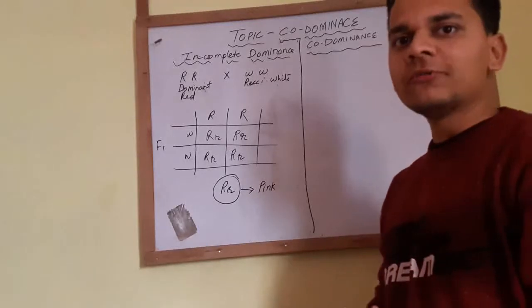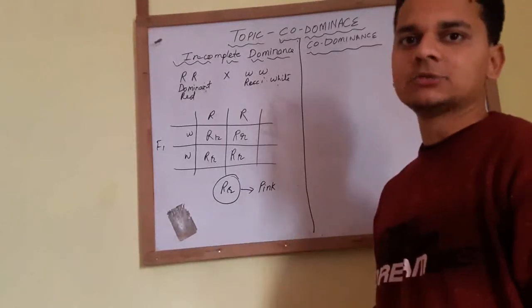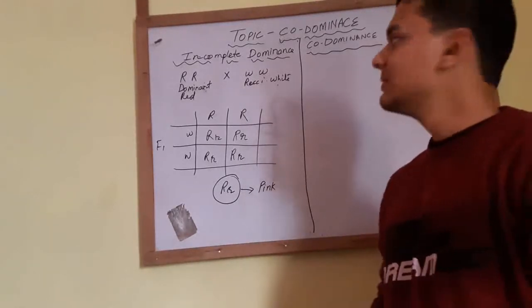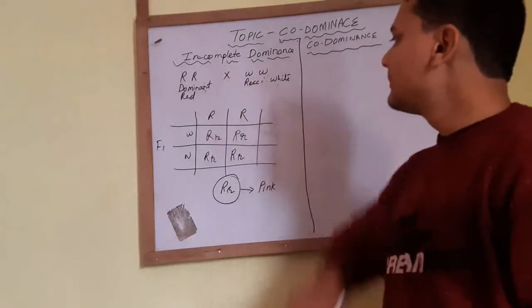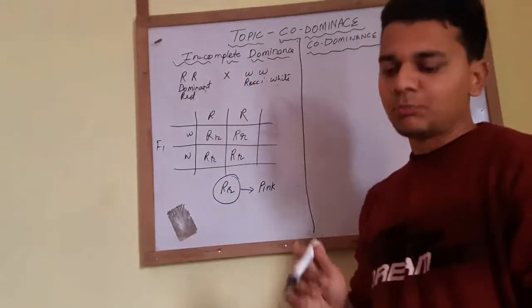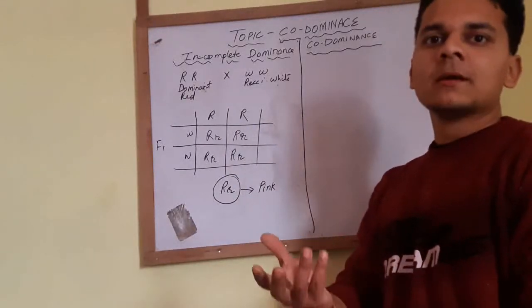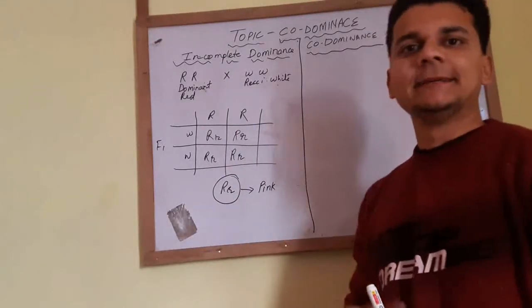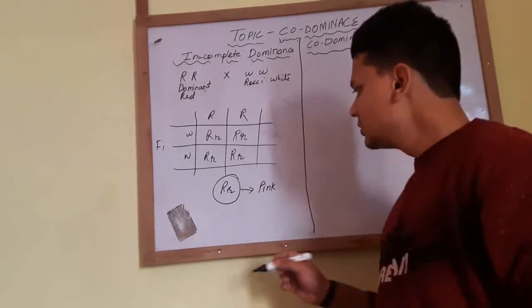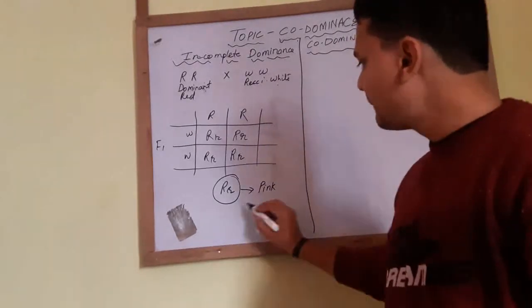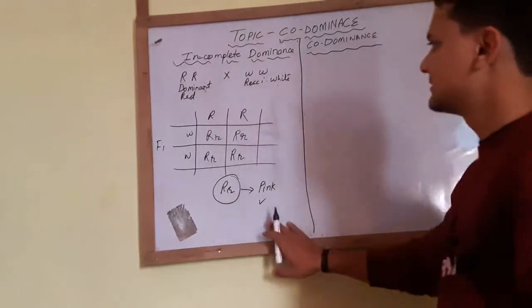So this type of inheritance or this type of variation will be said as incomplete dominance, where both the traits or both the colors are a little mixed or a blend type of mixture is seen, right? So the offspring will be a pink colored offspring in this case.